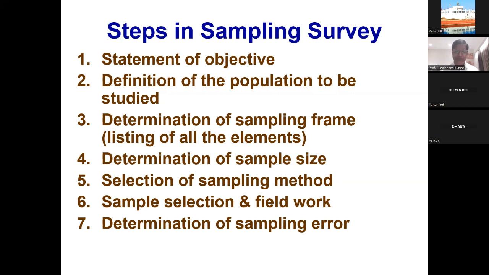Then comes determination of the sampling frame, listing all the elements. A research scholar must determine what things are related to sampling, and we will discuss the elements related to this. Then determination of sample size.